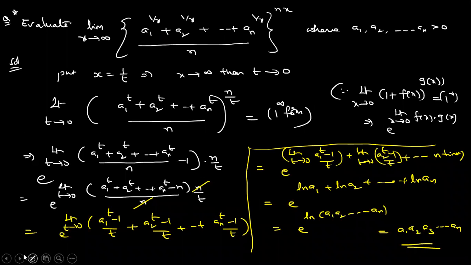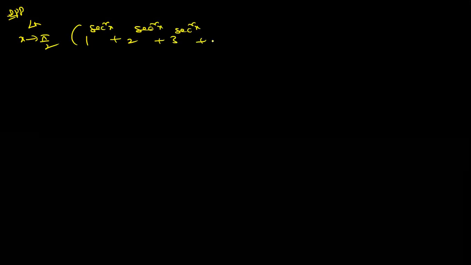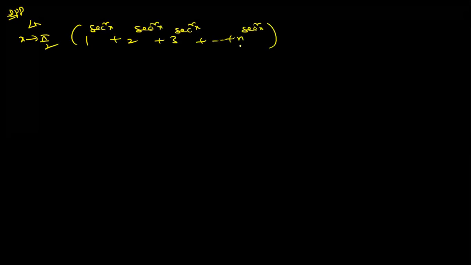Based on this question, first let me give an example, a practice DPP question. Limit x tends to 5 by 2 of (1 power sec²x, 2 power sec²x, 3 power sec²x, and so on, n power sec²x) whole power cos²x. How much is that? Both are the same, the previous one and this one.